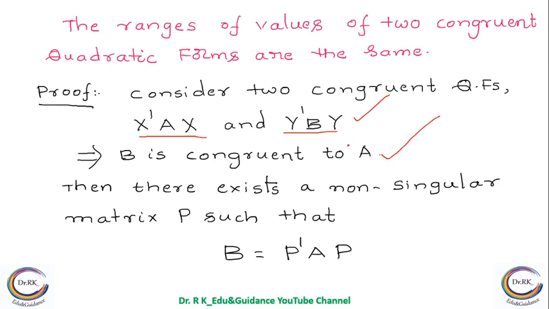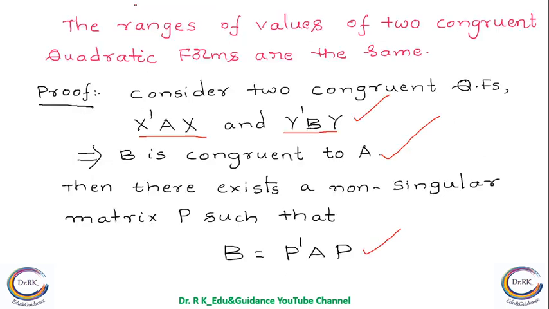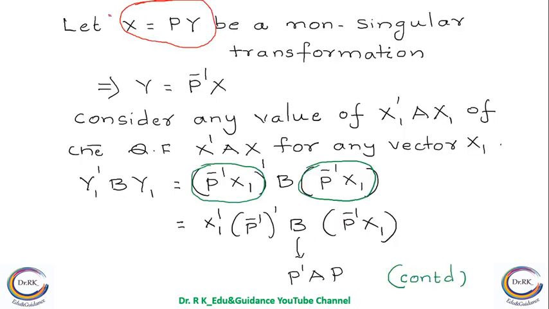So whenever B is congruent to A, then by definition there exists a non-singular matrix P such that B equal to P transpose AP, right? Now, consider a non-singular transformation X equal to PY.